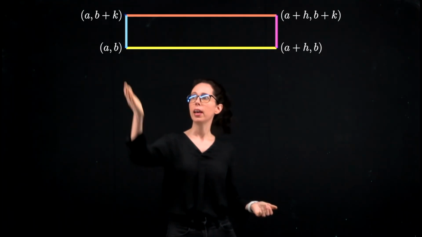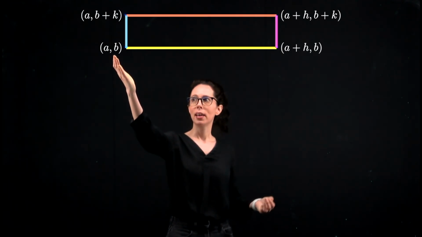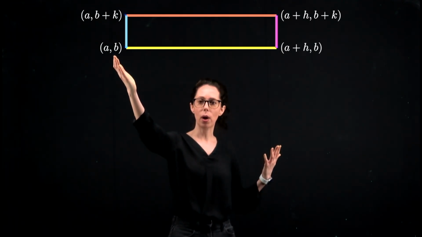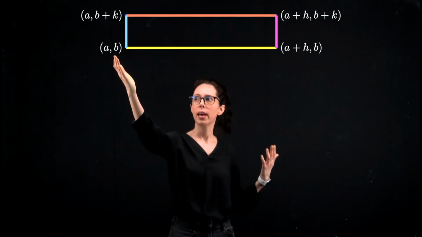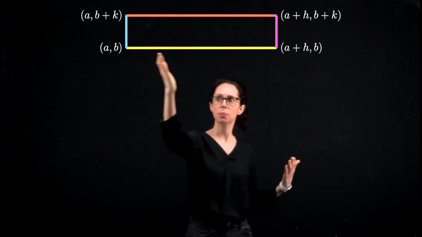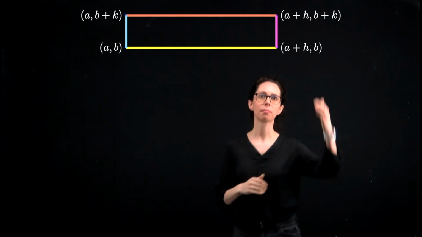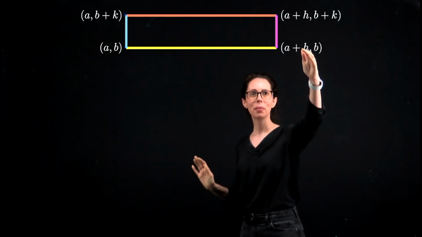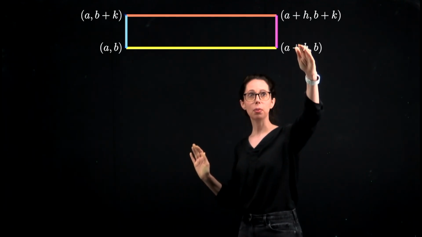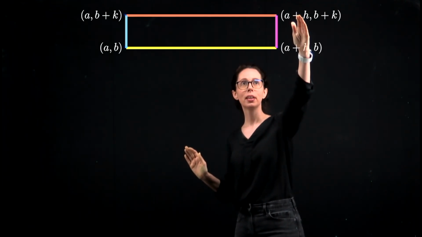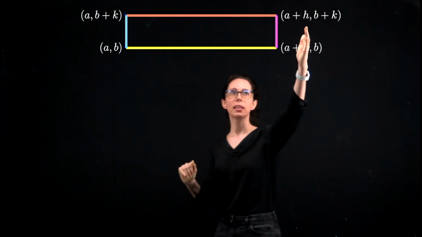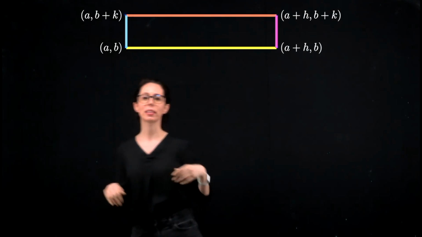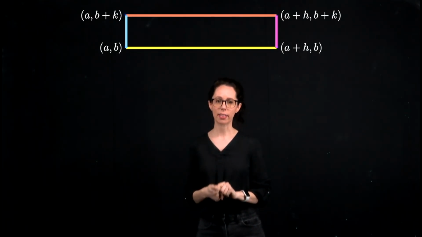So here we have a, b, and then if I imagine, although it's not required, that h is positive, a plus h, b would just shift me to the right. And then again, if we imagine that k is positive, although it doesn't have to be, a plus h, b plus k would shift up. And then the other one was a, b plus k. So we get the 4 vertices of a rectangle like this.